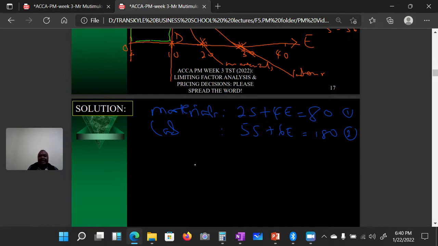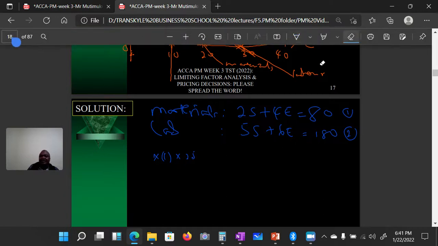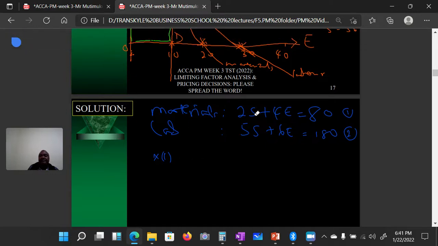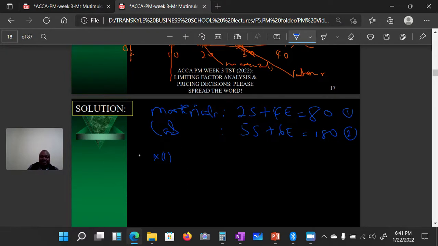So let's multiply equation 1 by 2.5. It becomes 5s plus 10e, which is equal to 200, and we call this equation 3.